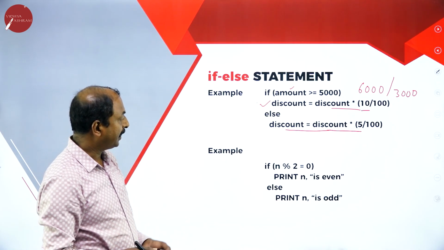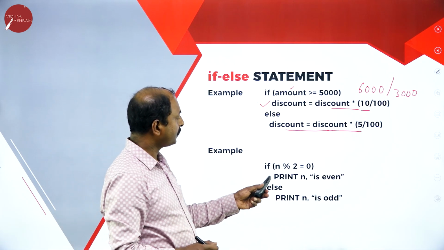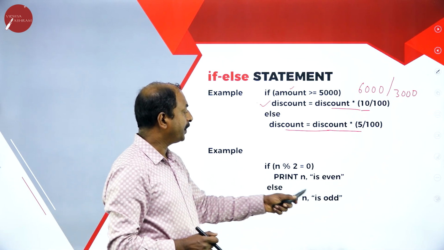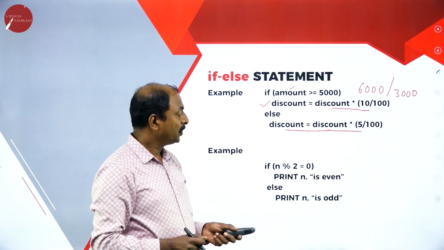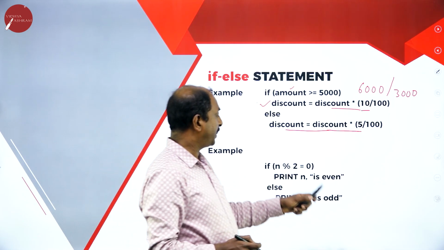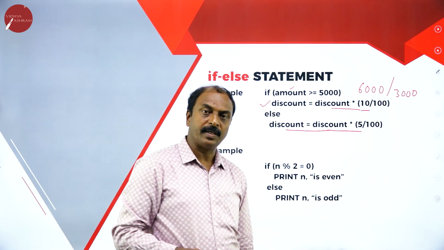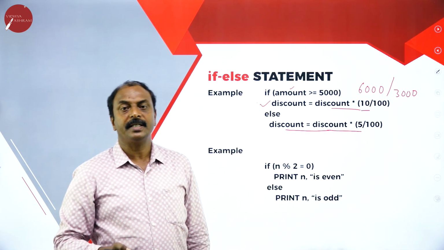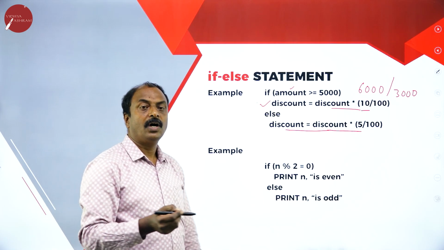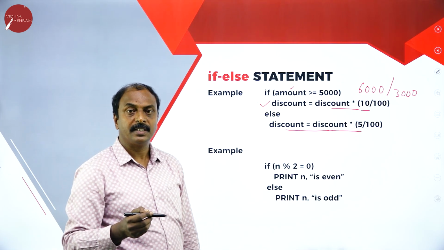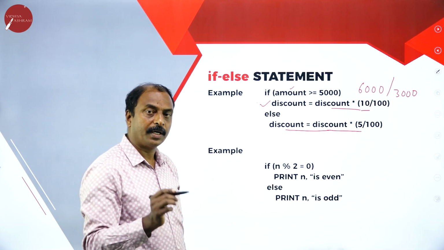Now look at one more example, to check whether the given number is even or odd. Normally the logic is to divide the given number by 2. If the remainder is 0, it is an even number, and if the remainder is not 0, it is an odd number.